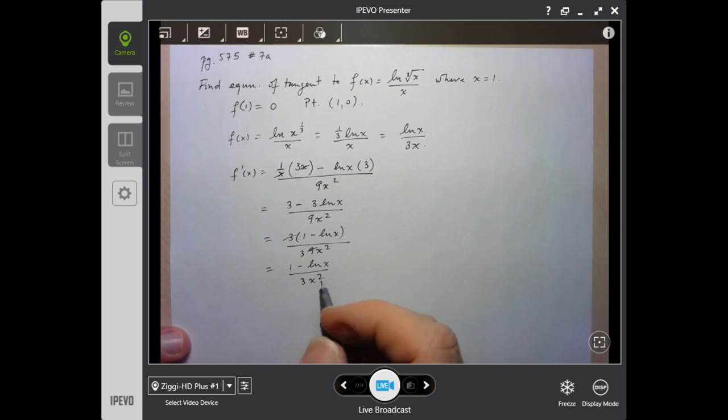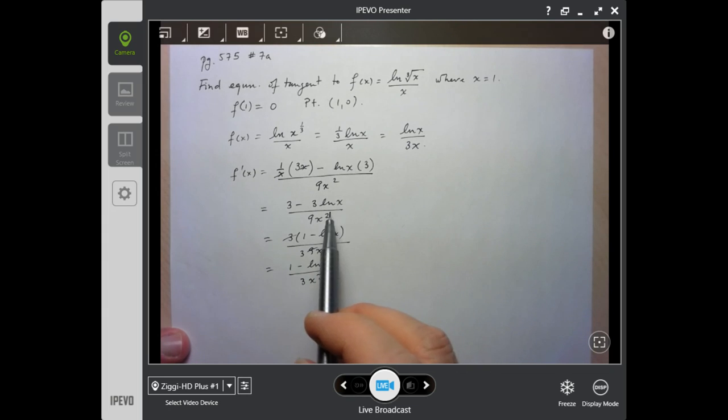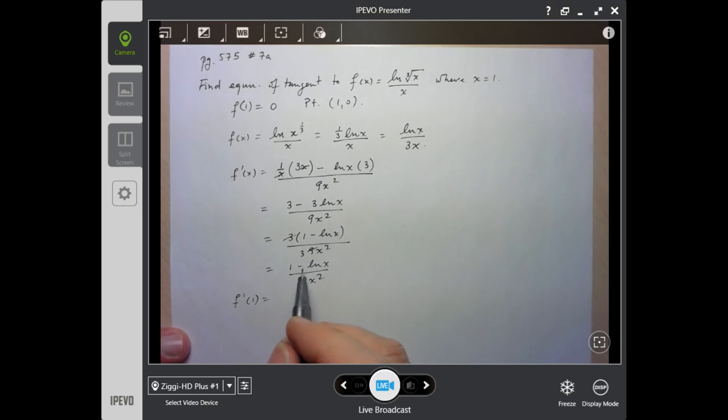Even if I had stuck the x equals 1 into the first expression I had, or even this one here, would have been perfectly fine, but might as well just simplify if I can. So that means that f prime at 1 is just going to be equal to 1 minus ln of 1, which is 0, so just 1 in the numerator, and 3 times 1 squared is just 3.